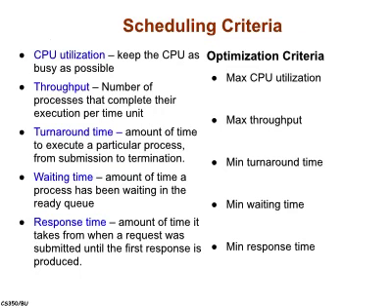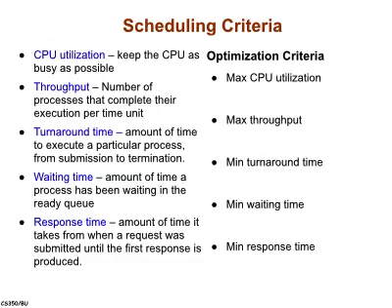I had mentioned earlier that the process to be picked by the CPU scheduler does not have to be the first process in the ready queue. There are various scheduling criteria that a CPU scheduler can apply. For example, one criterion could be to maximize the CPU utilization, that is to keep the CPU as busy as possible, which could mean that you want to have as few context switches as possible.